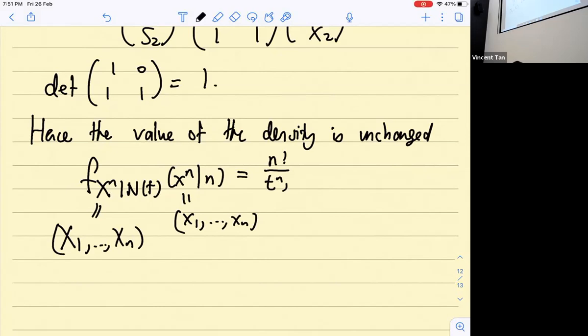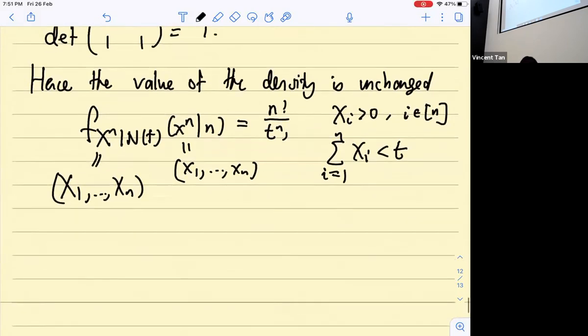The region is that xi is bigger than 0 for all i, with i running from 1 to n, and the sum is smaller than t. This is the region in which the density is non-zero.